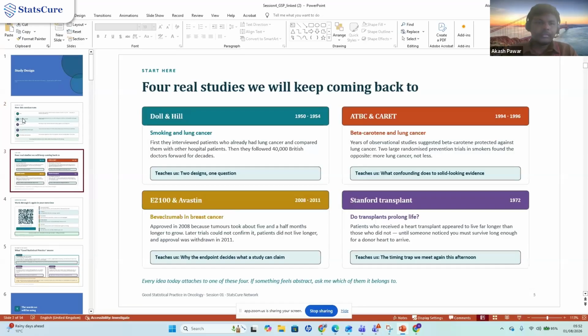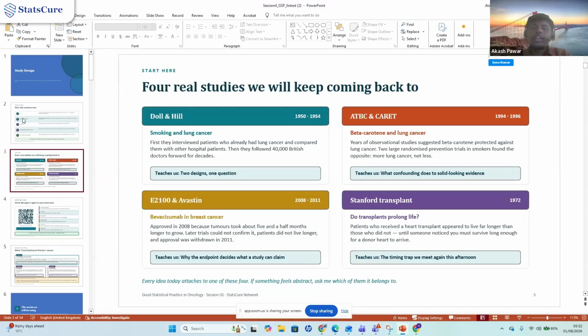So during this whole session, we are going to discuss these four studies. One is Doll and Hill, which talks about smoking and lung cancer, where they interviewed patients who had lung cancer and had controls from other hospitals, surveyed for some period, and established some results.